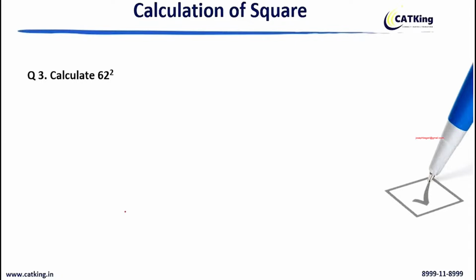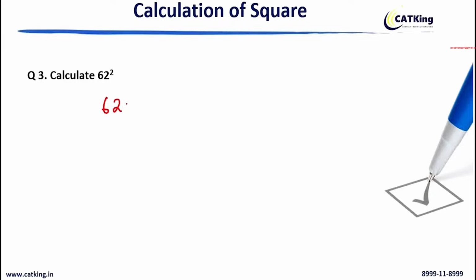And you need your calculation to be fast, especially in the new format that we are having for CAT this year now. Especially now, you want to make sure that your calculation stuff is sorted, right? So because you want to ensure that it is sorted, hence this will require special attention. Please make a note of this in your copy separately or wherever you want to, but do make a note of it. Okay, 62 square.